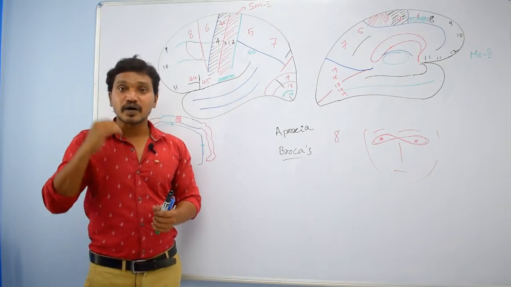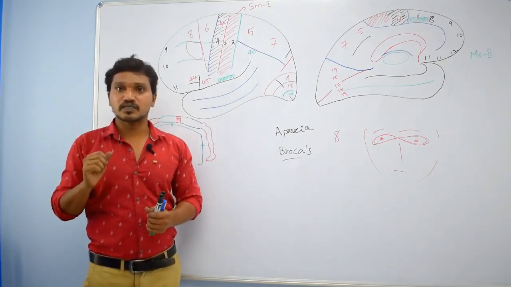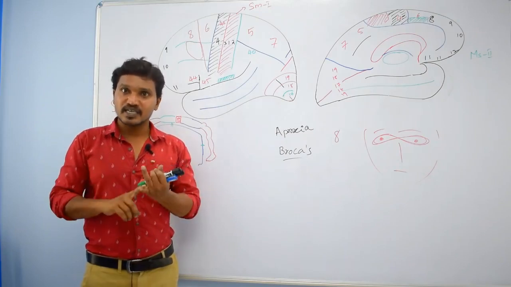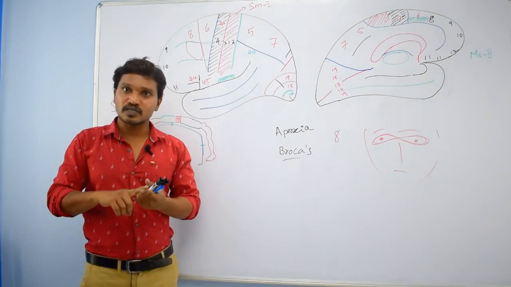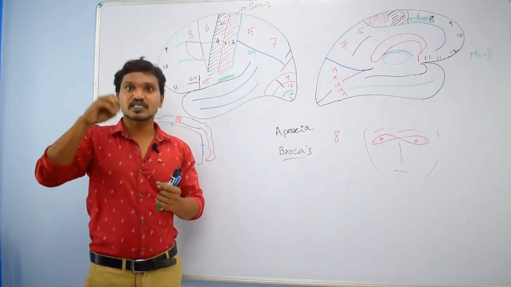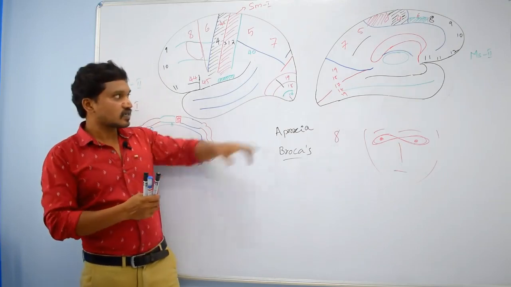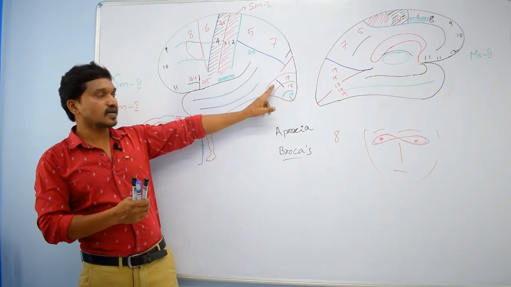Reception and perception of isolated visual impulses of size, shape, color, motion, translucency. All these things will be received and transferred to areas number 18 and 19.